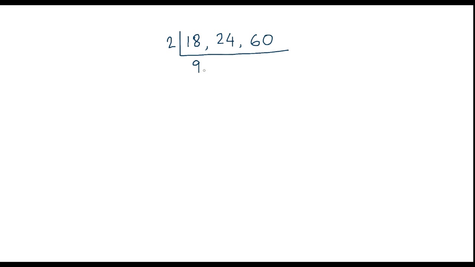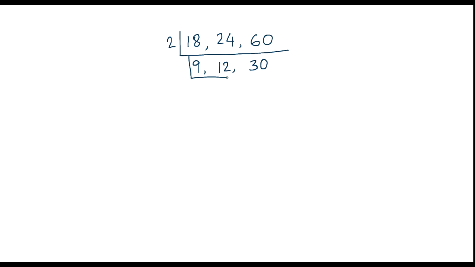We have 9, 12 and 30. What I am doing here is dividing this number with 2 and writing the quotient here, dividing with 2, writing the result here, dividing with 2, writing the result here.